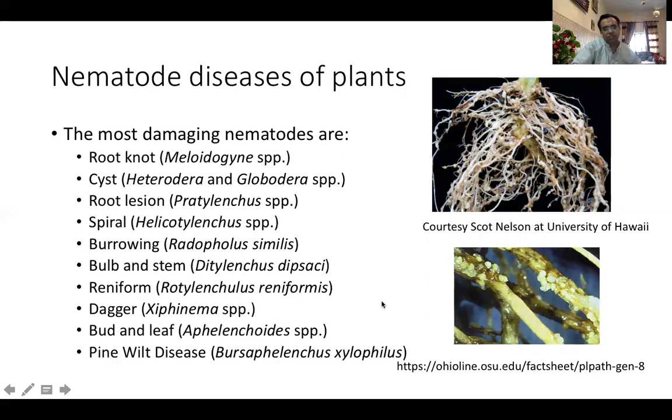Then there are a number of other diseases caused by different kinds of nematodes, including root lesion, spiral, burrowing, bulb and stem, reniform, dagger, bud and leaf, and pine wilt disease, etc. So you see that different types of nematodes cause different types of symptoms in plants.